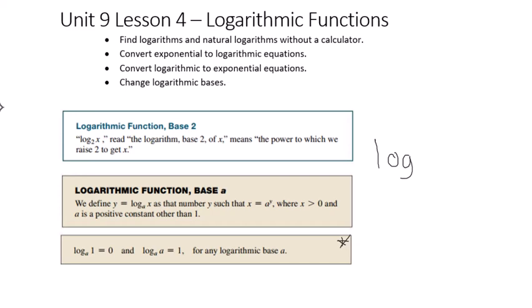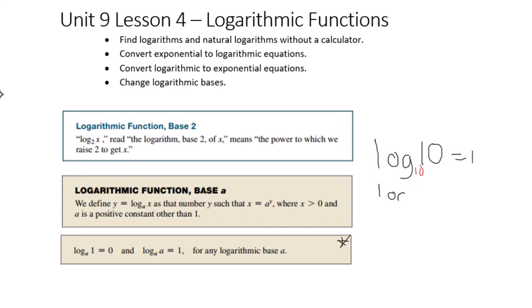So if you don't see a number down here, there's always an understood 10 right here. So that is our natural base for logs because our numbering system is in base 10. So since log base a of a equals 1, log base 10 of 10 equals 1.